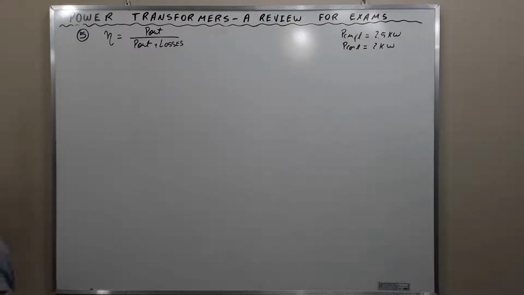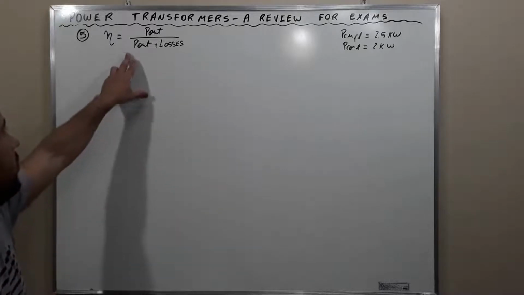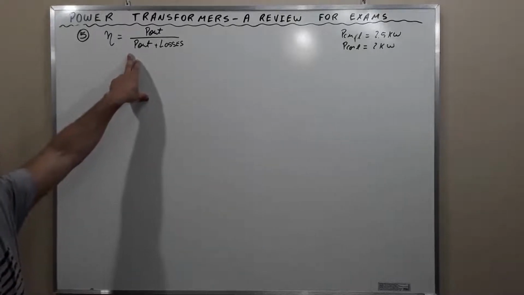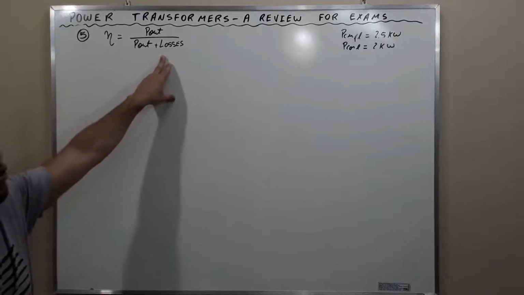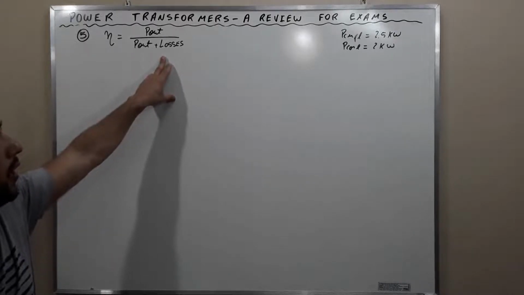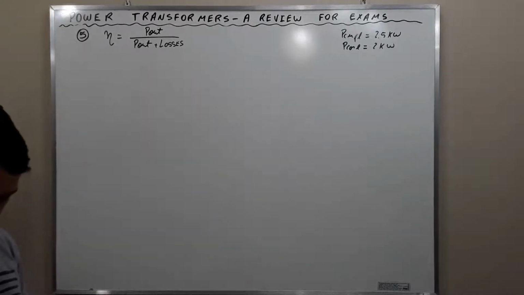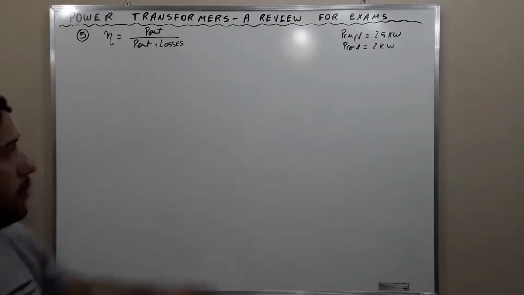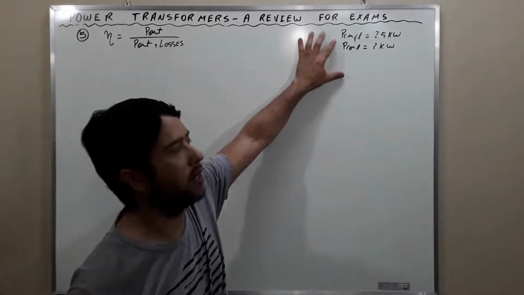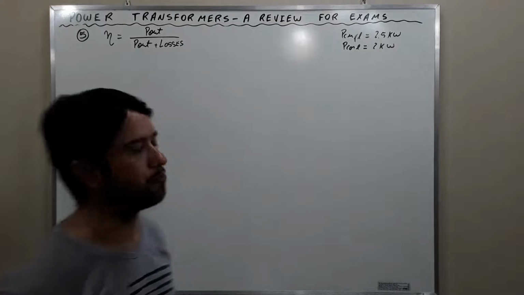maximum. By definition, efficiency is the division between the output power by the total power. But the total power is equal to the output power plus losses. Okay? And these losses are the copper losses and the core losses. Alright?